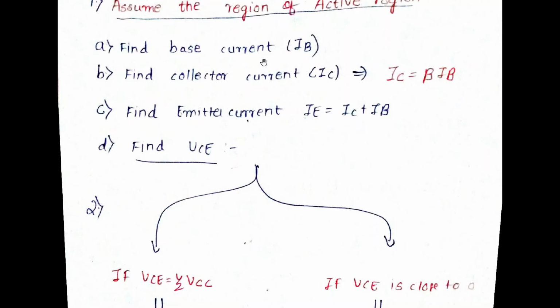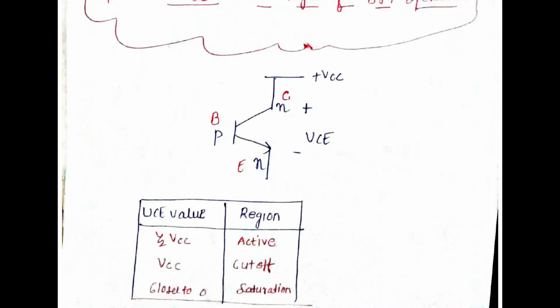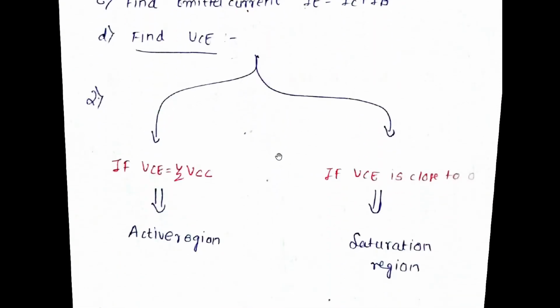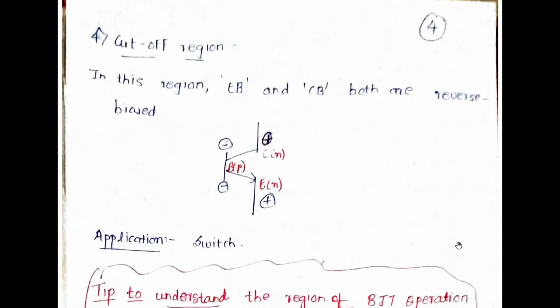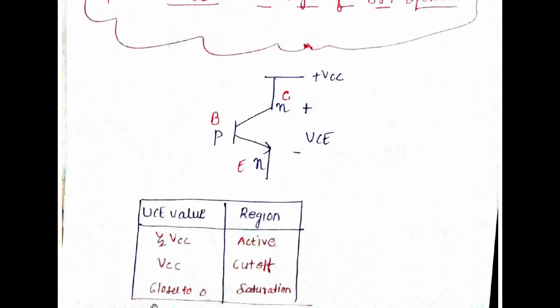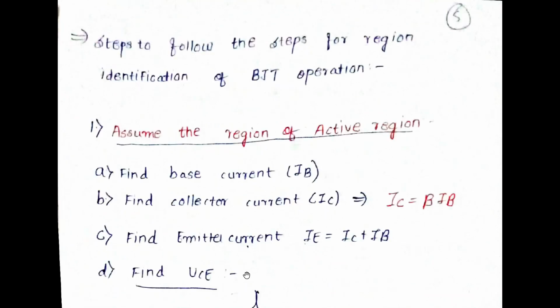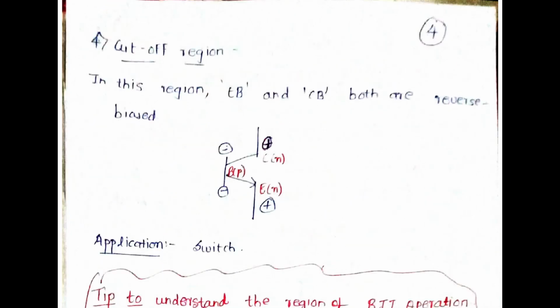Once you understand these, you can find out the value of VCE, and based on this table you can conclude the region in which it is operating. If VCE is half of VCC, it's active region. If VCE is equal to 0, it is saturation region, and if VCE is equal to VCC, it is cutoff region. So I hope I am very clear with this.